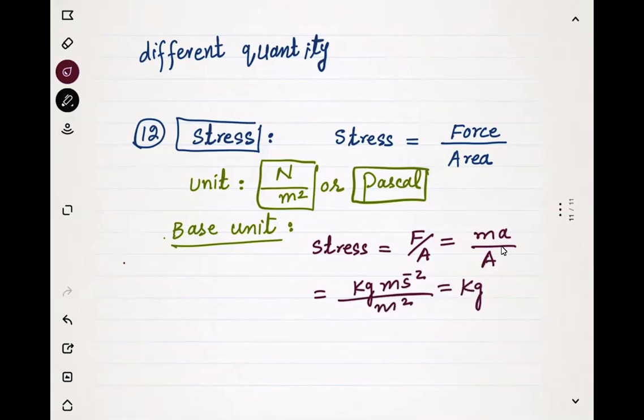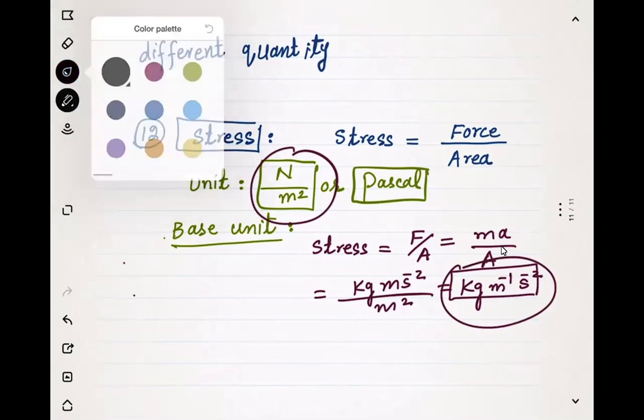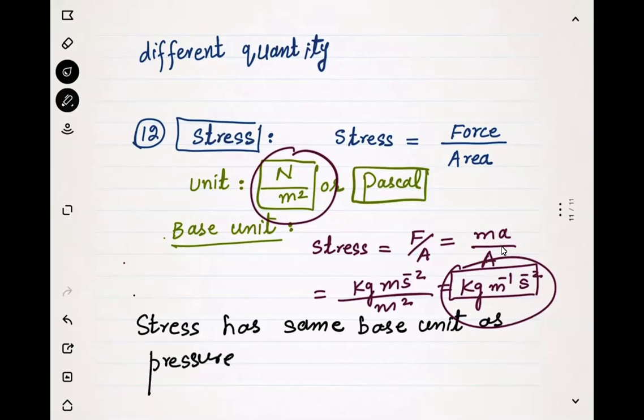Finally, it will become kilogram meter minus 1 second minus 2. So this is the unit and base unit of stress. Stress has the same base unit as pressure. The detail of stress will be studied in the chapter deformation. Right now, we have only written the formula, unit and base unit.